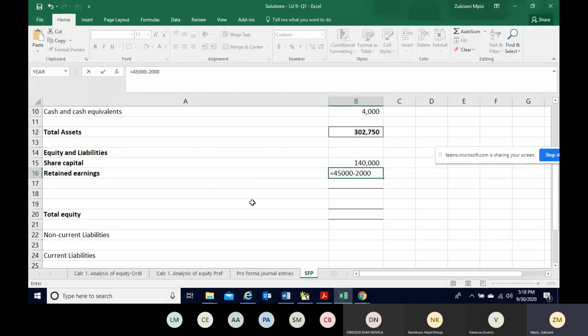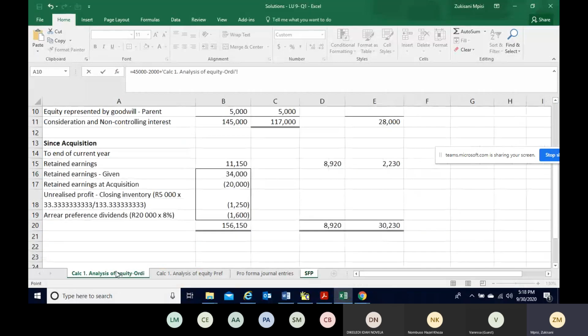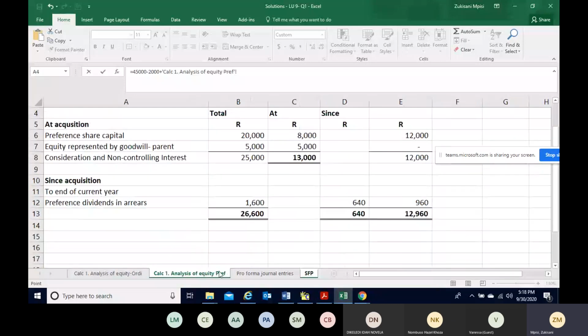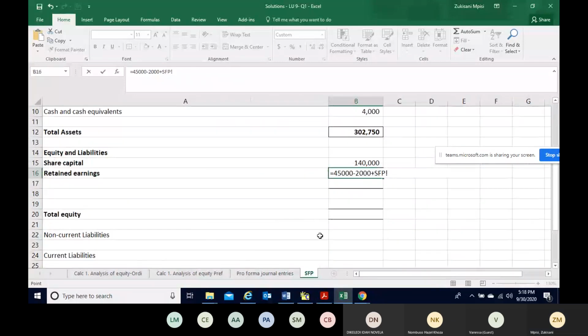So it comes from that one, when we sold the property, 2,000. Plus, let's quickly look, we've got 8,920, and then we've got 640. 8,920 plus 640 gives you 52,560.